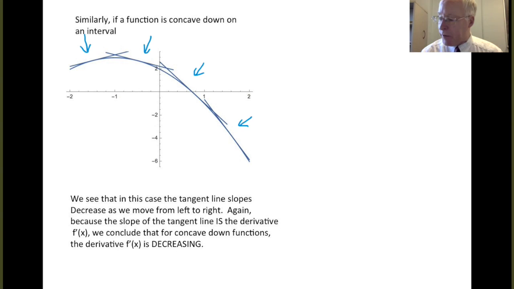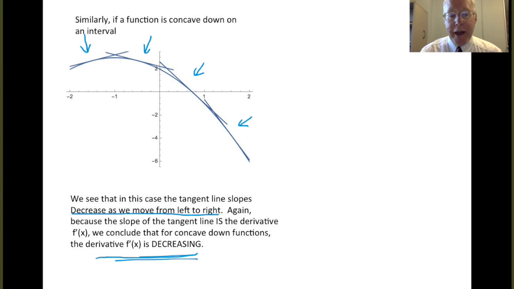So in this case, these slopes decrease as we move from left to right. And again, because the slope of the tangent is the derivative, that is f prime, this means that if the slopes are decreasing, then f prime is decreasing. So f prime decreases for a concave down function.